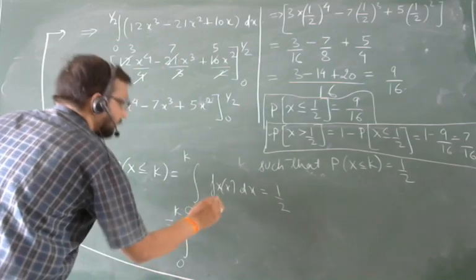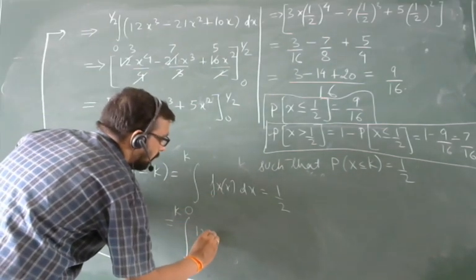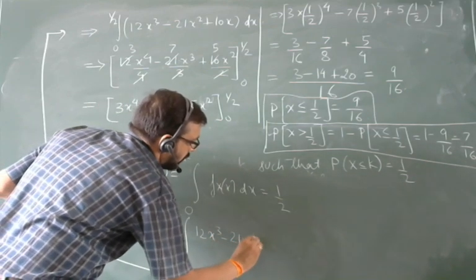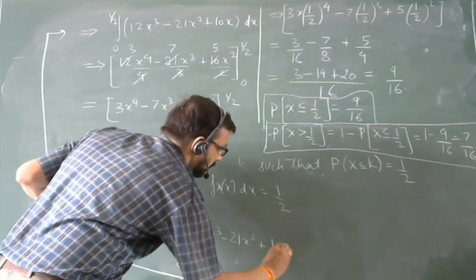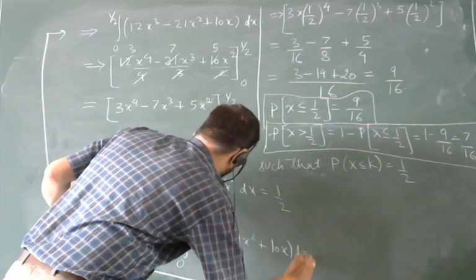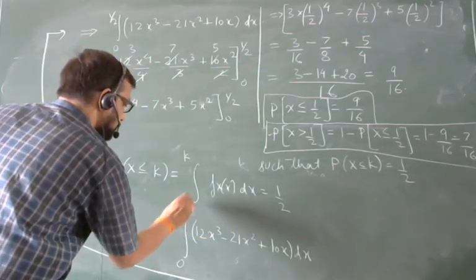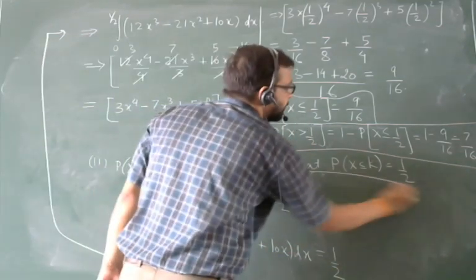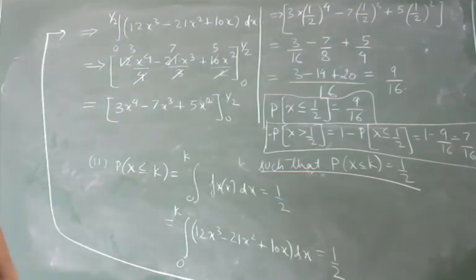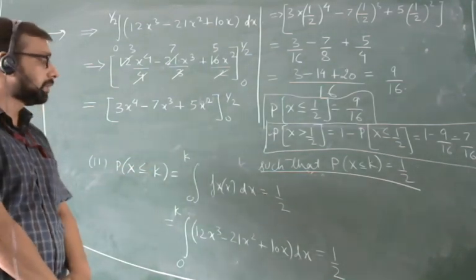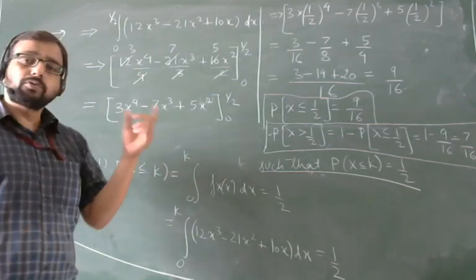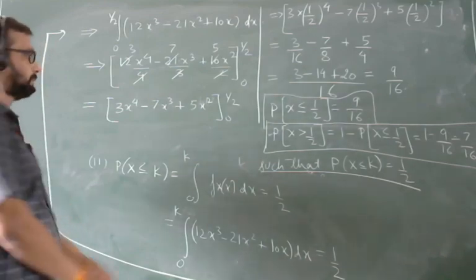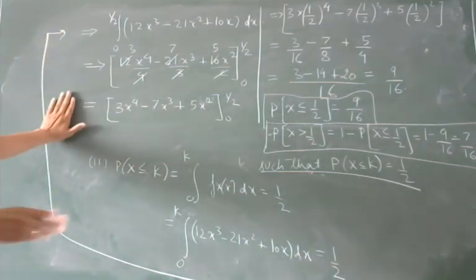That is, the integral from 0 to k of (12x cubed minus 21x squared plus 10x) dx equals 1 by 2. Here we have taken a general value k, and we have to find the value of k such that the probability up to that value of k equals 1 by 2. Then what will be the value of k? I think you people must have done this.